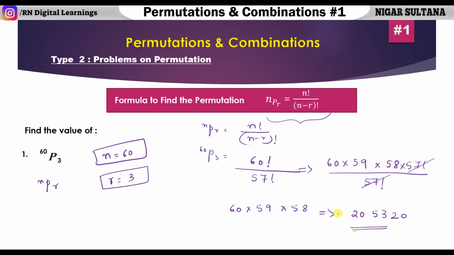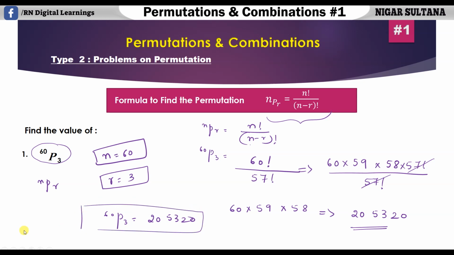So this is the value of 60P3. 60P3 is equal to 205320. So this is the way of calculating the permutation.